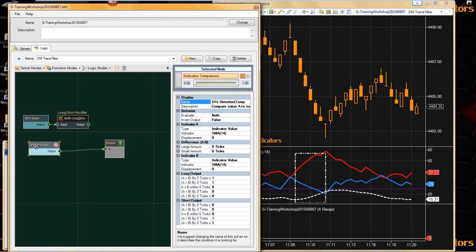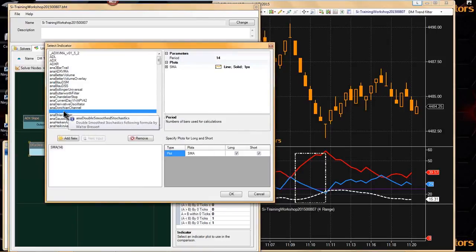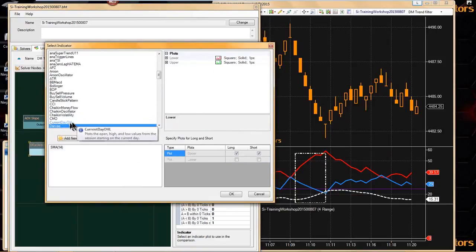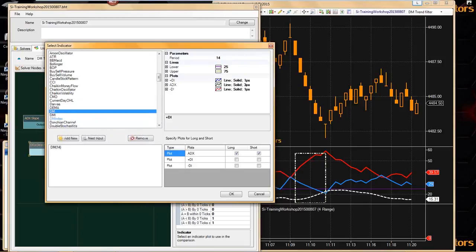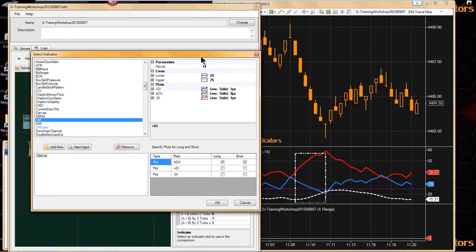There we go, DI's direction. We're going to put the DI plus up here in indicator A and the DI minus down here in indicator B. Let's set this up. We'll find our DM indicator. I'm pretty sure I'm just using a 14 period. Yep, I can see there's a 14 there on the chart.